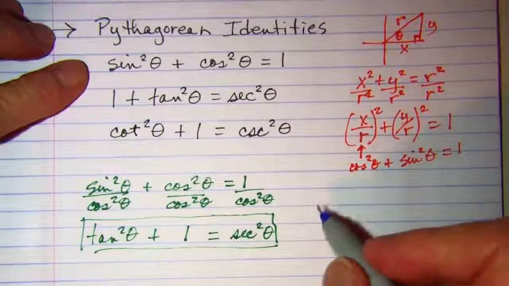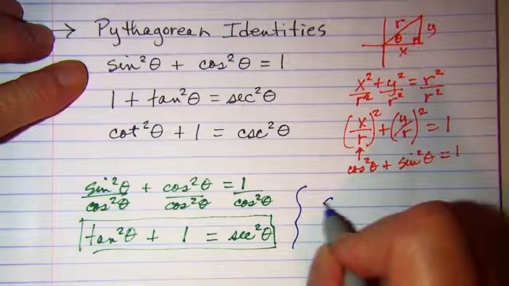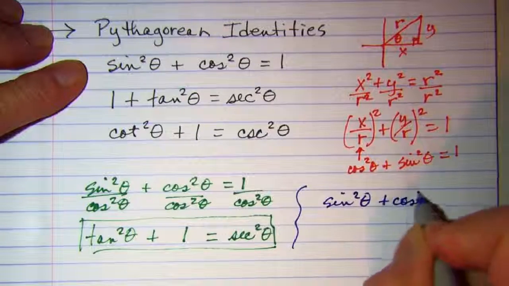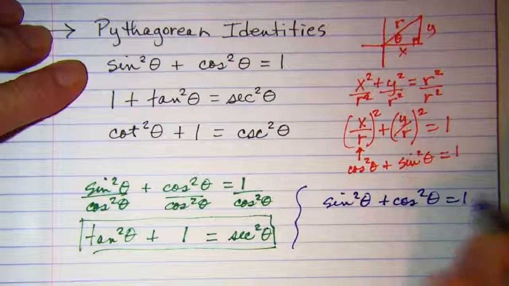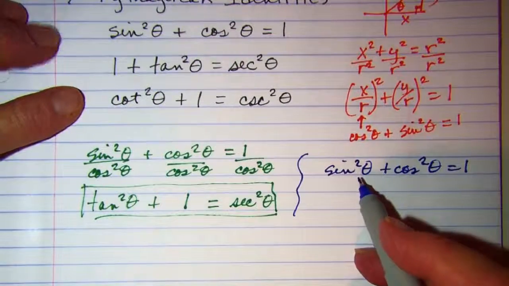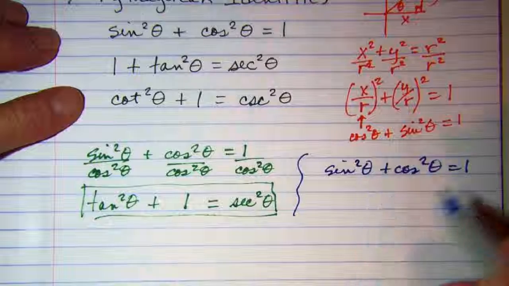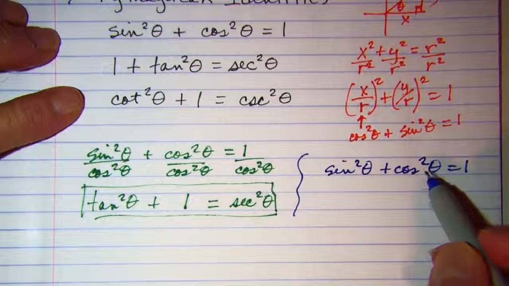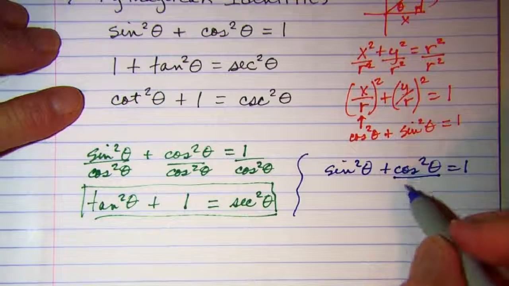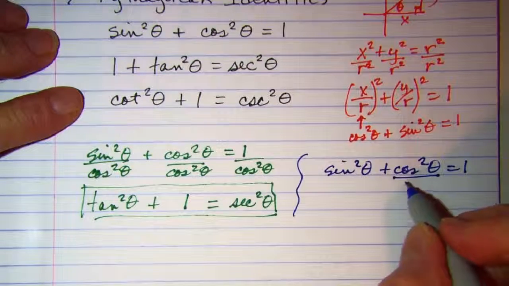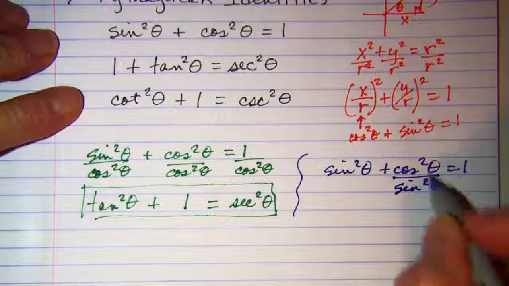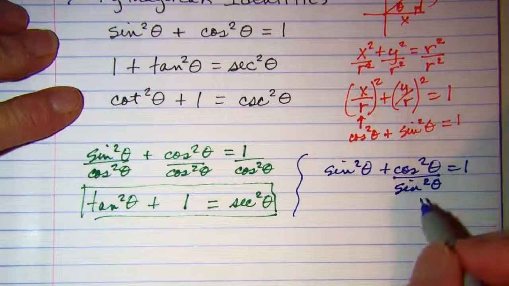Now let's again start with sine squared plus cosine squared equal 1. And let's say this time we want an identity that involves cotangent. Well, we know cotangent is the same as cosine over sine. So I'm going to need to divide every term by sine squared, because I need cotangent squared.